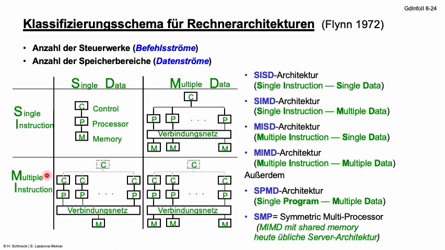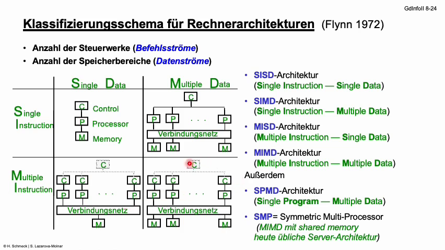So in multiple instruction, single data, we have a number of processing units that perform different operations by executing different instructions on the same data set. So here we have the same data, but different instructions.